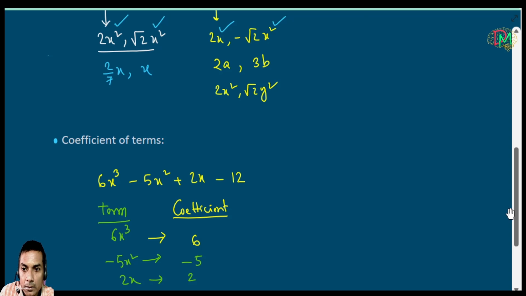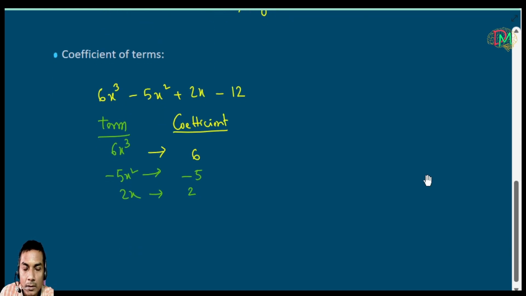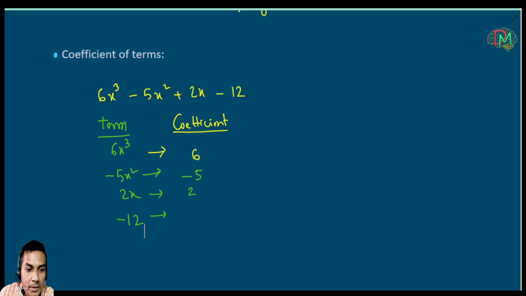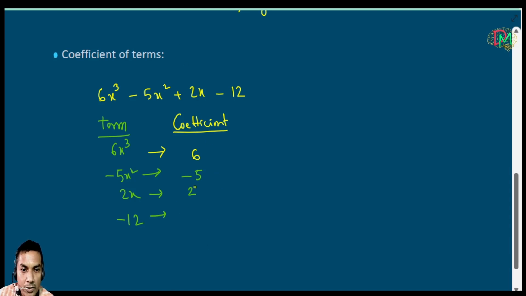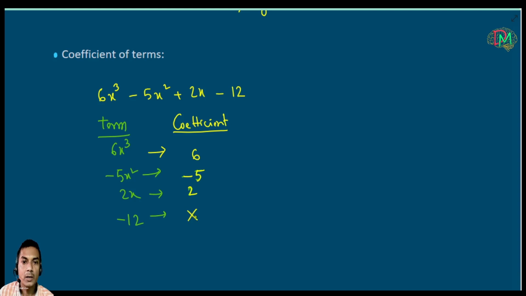And the coefficient of the last term, that is minus 12, what is it? So stop it. This is minus 5 and this is 2, and this is the constant part, so it has no coefficient. Clear?